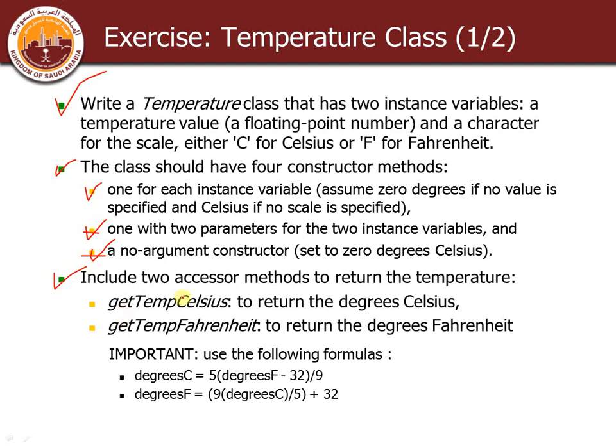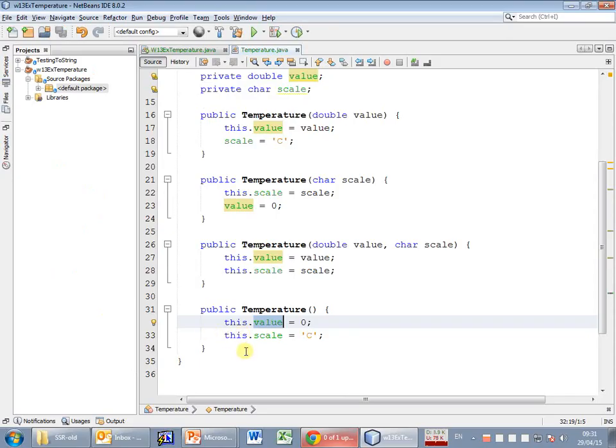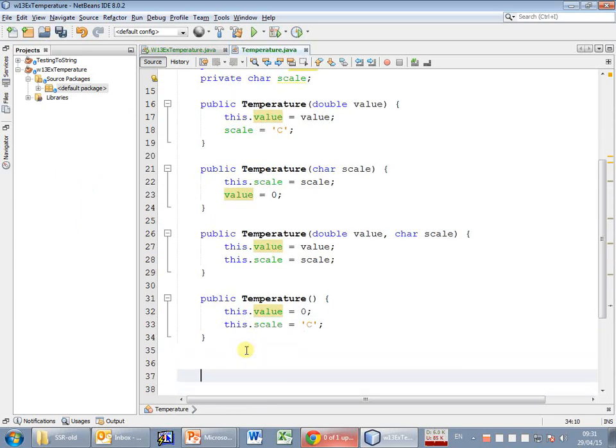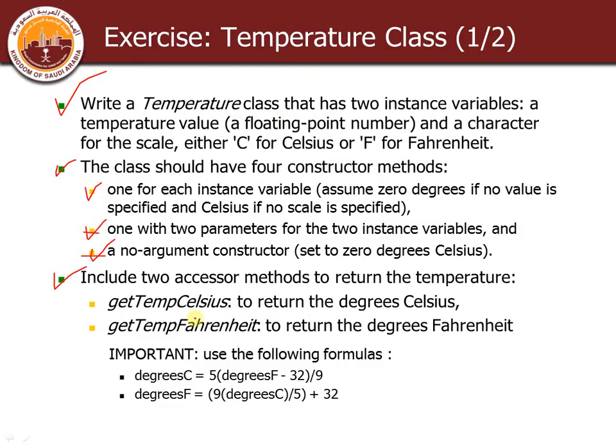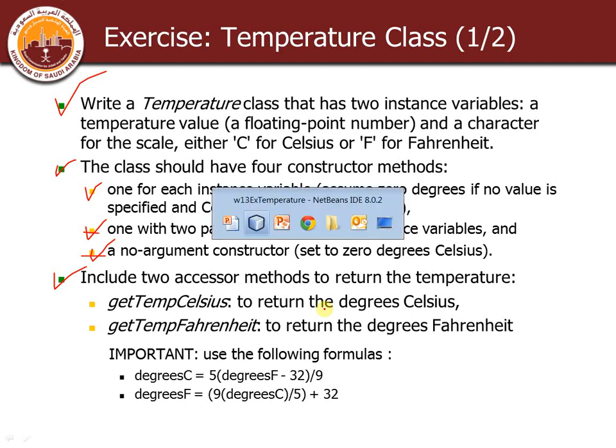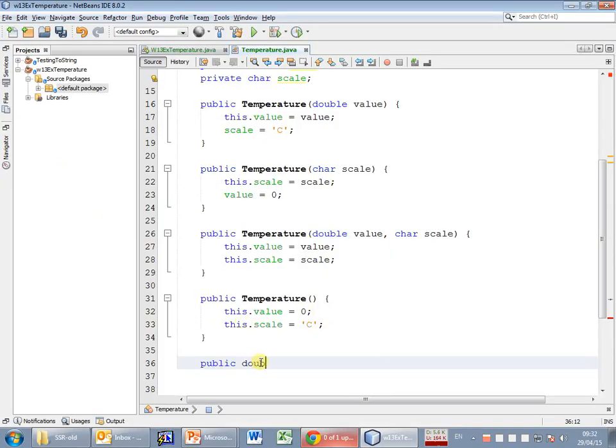Now I need to do the following. Let's have a look at these 2 accessors that return the temperature. I'm going to look for the first one, get temp Celsius. Public. First of all, get temp Celsius should return something. What is the data type of that return value? Am I going to return a double or a char?